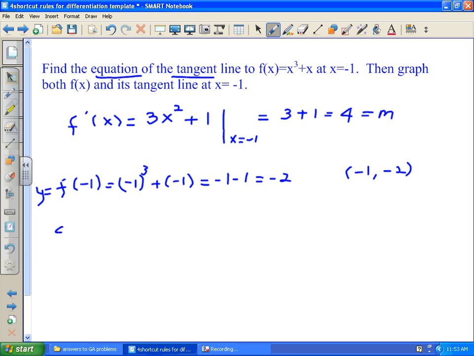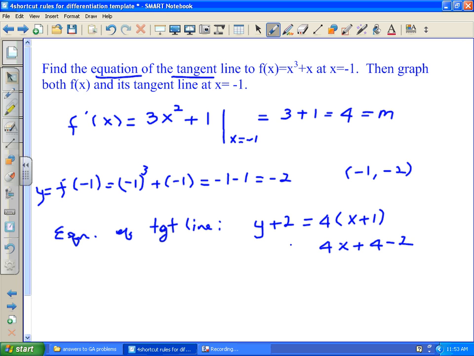So now to write the equation of the tangent line, we can write y minus -2, in other words plus 2, equals slope times x minus -1, or plus 1. And simplifying that, we get y equals 4x plus 2. That is the equation of the tangent line.